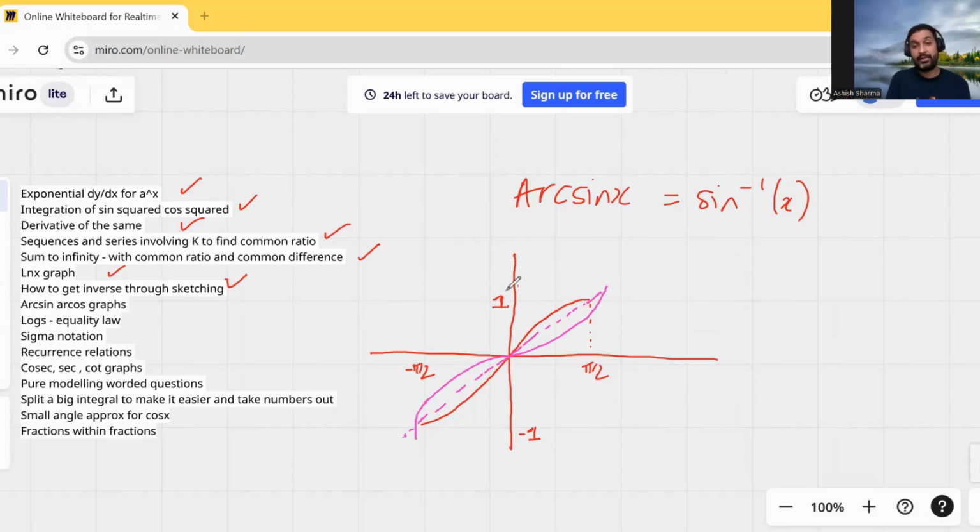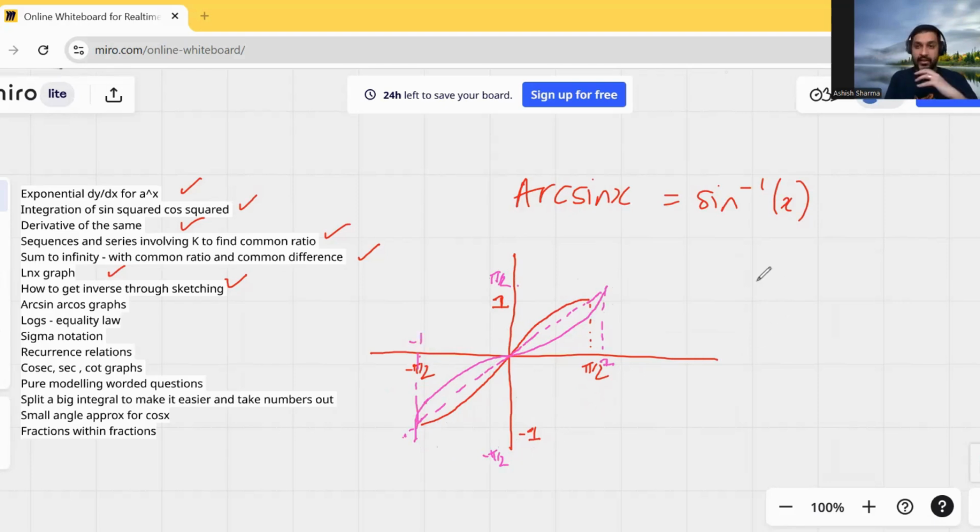But essentially, what happens is now the pink graph, which is the arc sine, has a maximum y value of pi over 2, which is 1.57, and a minimum value of minus pi over 2, which is minus 1.57. You'll also notice the domain of the pink graph is now going to be at 1 and then at minus 1 here. Okay.